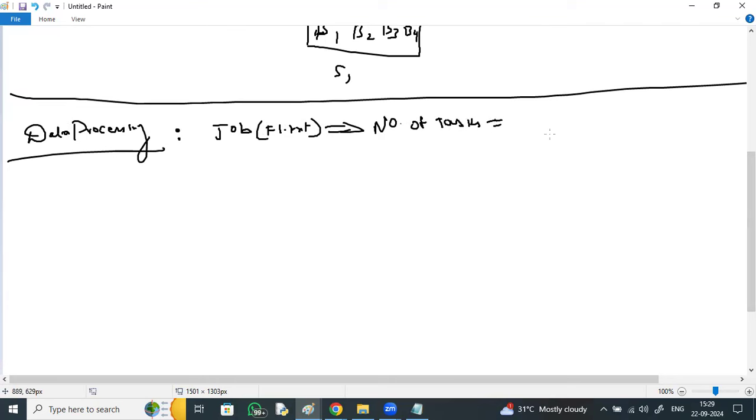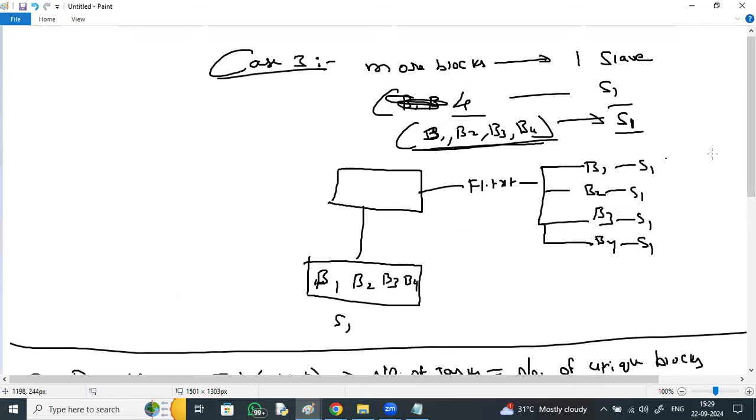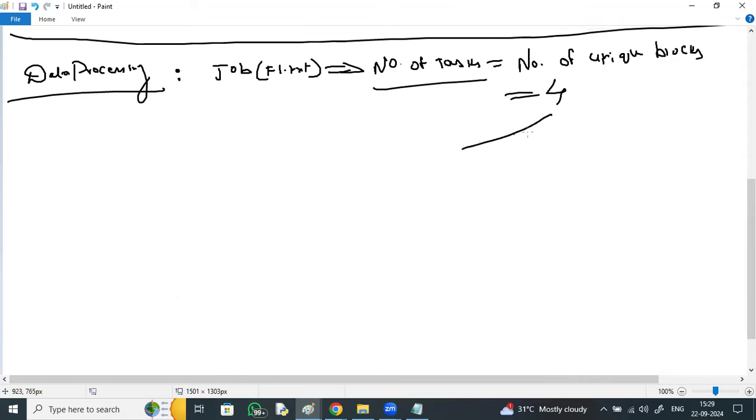The number of tasks always depends on the number of unique blocks. How many unique blocks are here? 4 blocks, B1, B2, B3, B4. 4 blocks means 4 tasks, T1, T2, T3, T4.